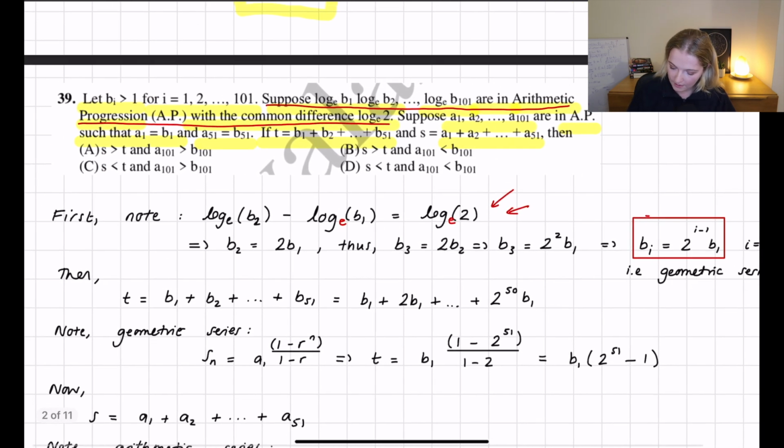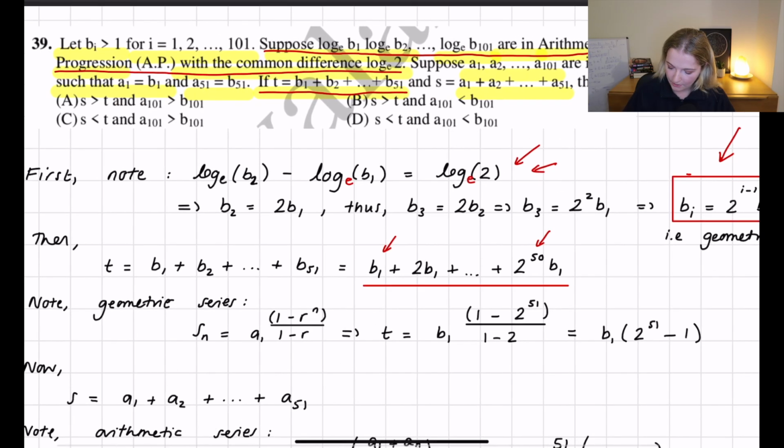Now we are looking at this condition on t, and we know that this t series, or this addition of b values, we can rewrite using the condition that we've just arrived at. And from there, you substitute these values in, and what you find is we get this series here. Now, if you look at that, you'll notice that it is a geometric series.